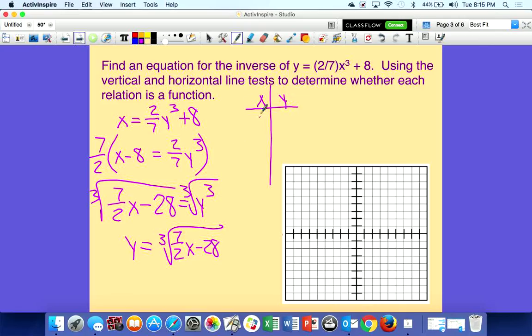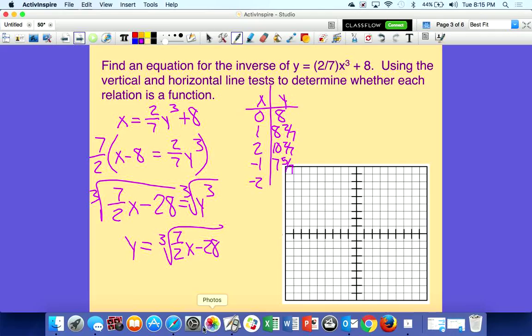If I throw a 0 in for x, I get an 8 for y, a 1 in for x, I get an 8 2/7, a 2 would be, let's see, 2 cubed is 8, times 2/7 is 16/7, which is 2 2/7, plus 8 would be 10 2/7. -1 would be 7 5/7, and you can do this by just plugging these in here for x and solving for y.